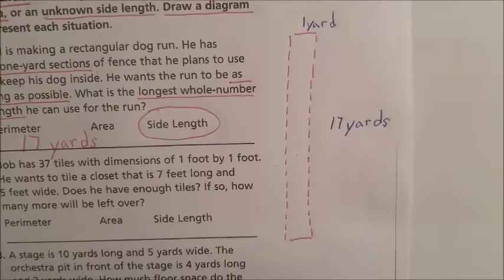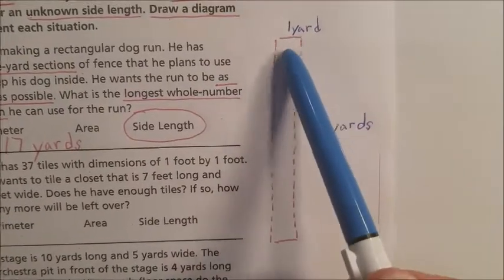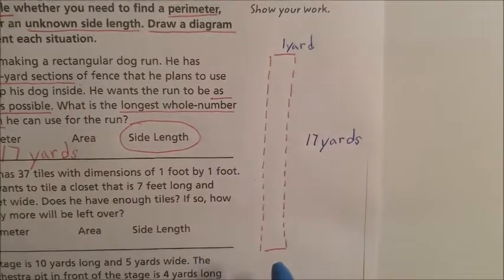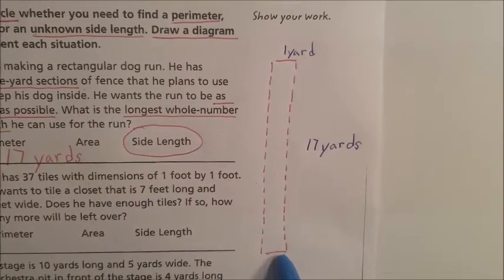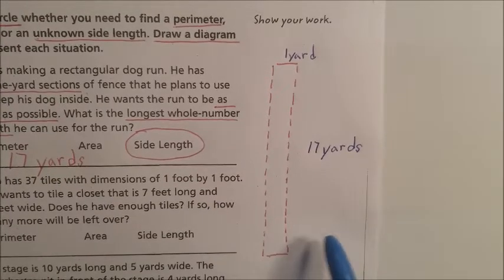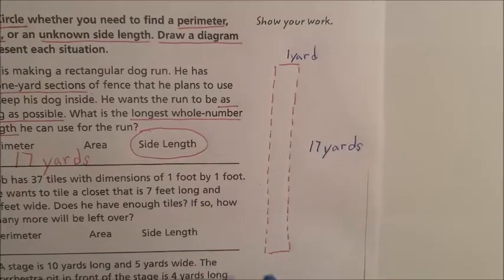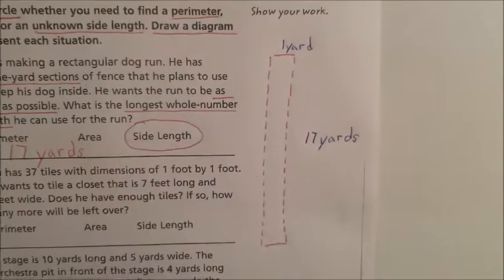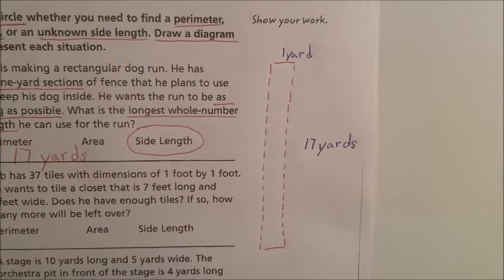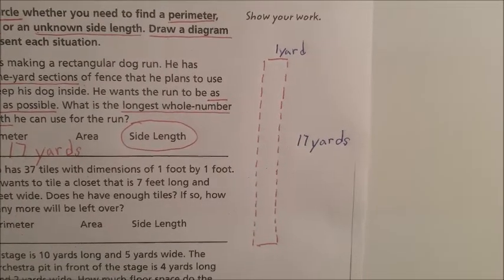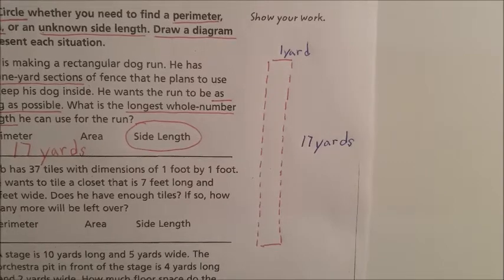So if we try 1 yard, one's the minimum here, and 1 here, then split the rest in half, we get 17-yard lengths on both sides. And if you count that up, that does count up to be 36 sections. 36 one-yard sections.